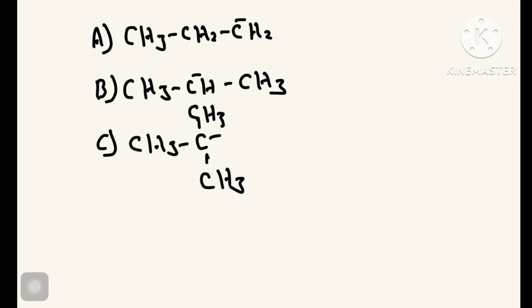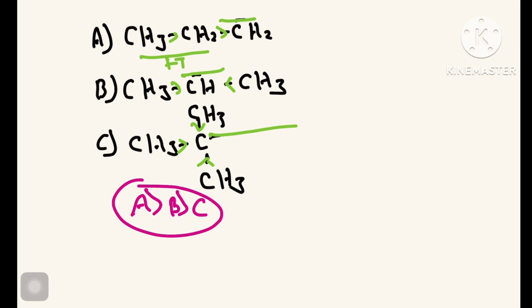So just think, here plus I effect, plus I group, so donate electron, so negative charge increases. Here from both sides donating electron, negative charge increases, and from this side too, so negative charge increases. So if charge increases, stability decreases. So here which one is most stable? Simply you can say A, after that B, after that C. This is the stability order of carbanion.